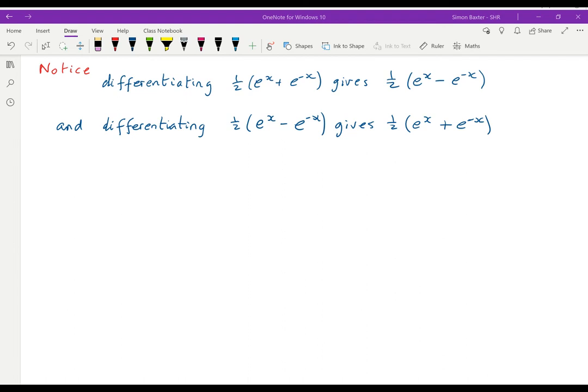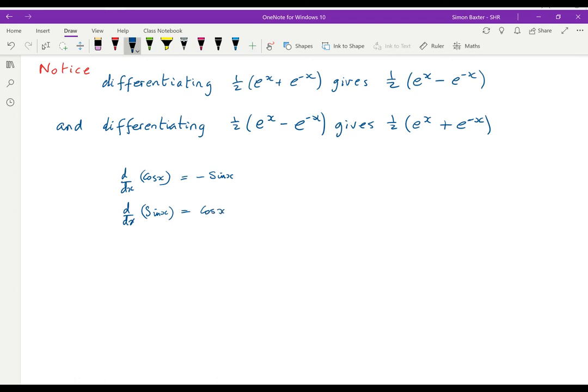Where have we seen something before that looks a little bit like that? Perhaps you might be thinking of this, that if I differentiate cos x, I get, well, there's a minus sine x, and if I differentiate sine x, I get cos x.